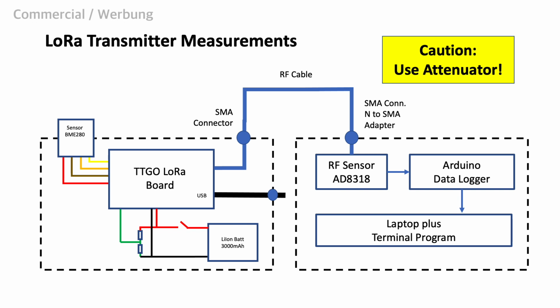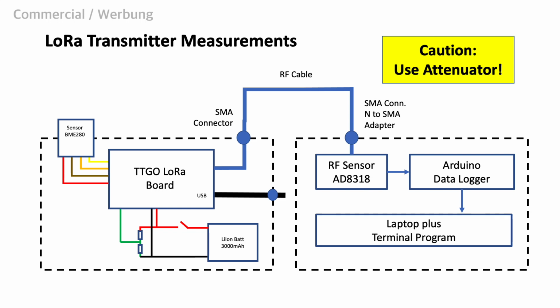Since I know that LoRa transmitters can go up to plus 20 dBm, I did my first measurement with a 30 dB RF attenuator in between. I only removed it when I realized that the RF output power of my LoRa boards here is something close to 0 dBm.